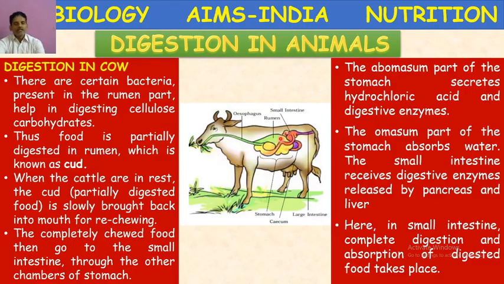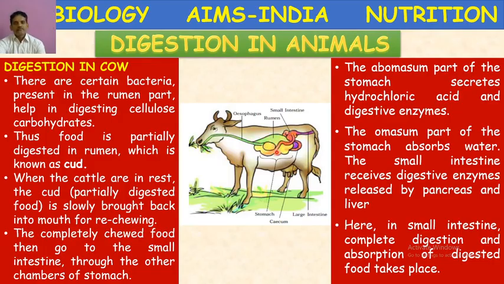The rumen contains flagellated protozoans and certain bacteria, which produce cellulase enzyme that digests cellulose. Partial digestion of food takes place in the rumen. That partially digested food, which re-enters the mouth, is called cud, and then the food enters the abomasum.